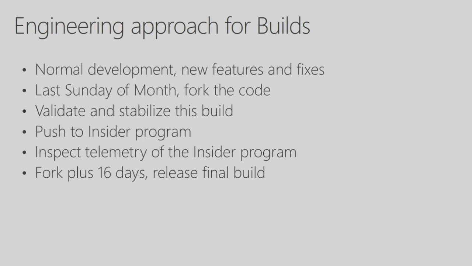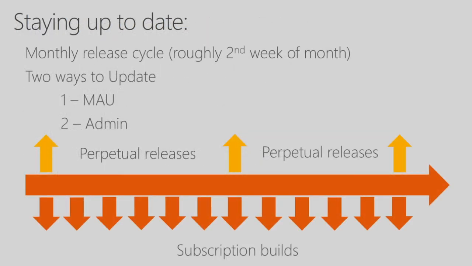As an organisation, it's probably a good idea to have at least some of your machines using that insider fast build in order to have a look at what that contains. We then inspect the telemetry of that insider build to look for any problems before that's pushed out to the production build. And as we've said before, we are looking to utilize MAU primarily as the update mechanism for the majority of the use cases.